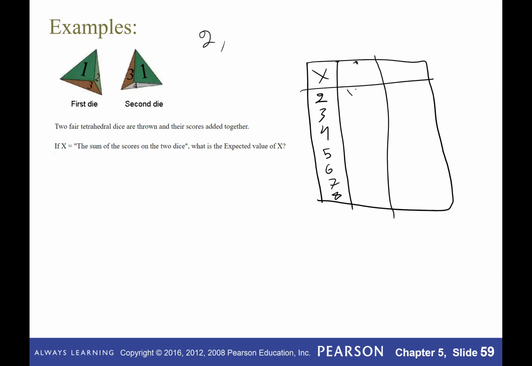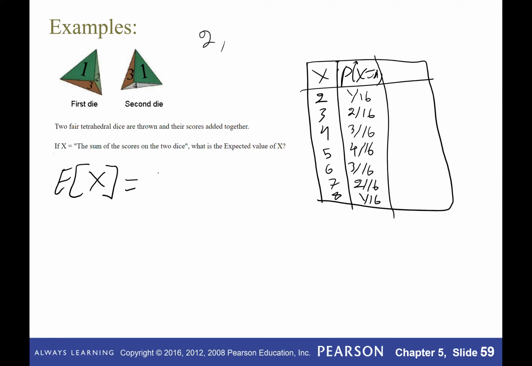And the probabilities were 1/16, 2/16, 3/16, 4/16, 3/16, 2/16 and 1/16. So this is our corresponding probability. Now we have to find the expected value of x. The expected value of x is the summation of x times probability of x.